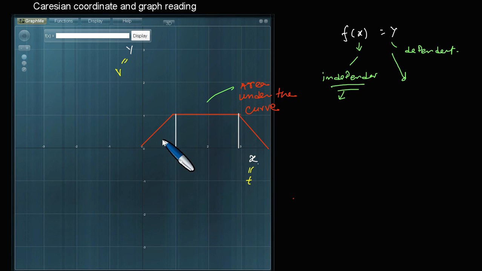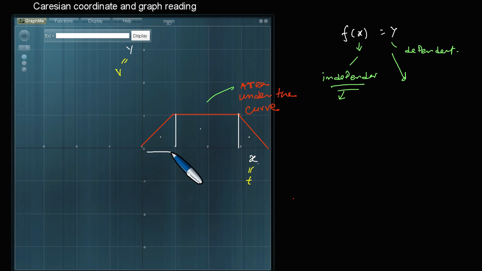So the area will be the addition of this triangle, this rectangle and this triangle. Be clear. And now you can calculate this area.